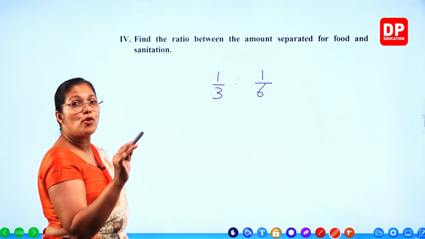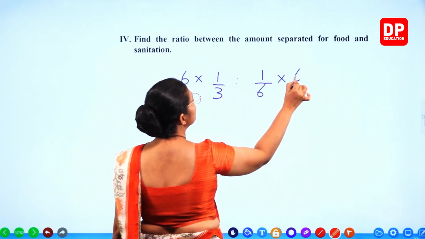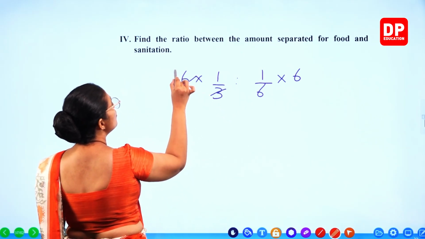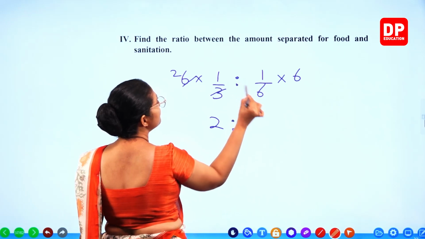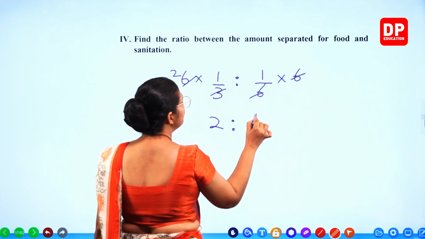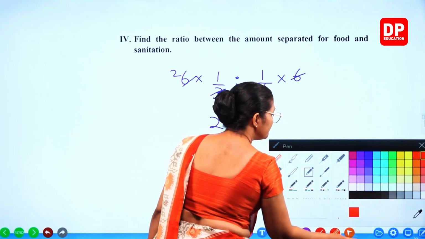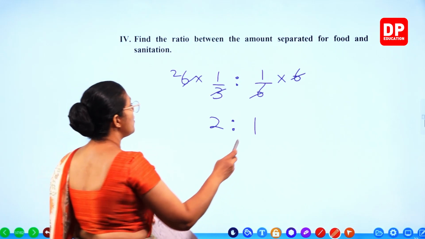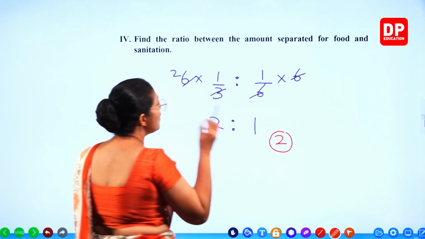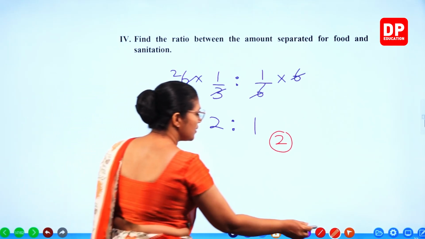So we'll multiply both sides by 6. So 3 times 2. So the ratio is 2 to 1. So how many marks for that one? 2 marks. So we have given 10 marks for the whole question.